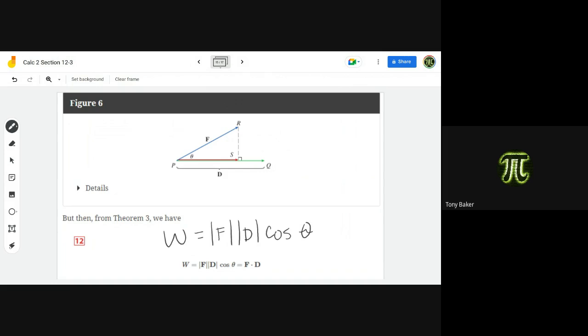And you can manipulate that in any direction to find out the pieces that you'd like from that.